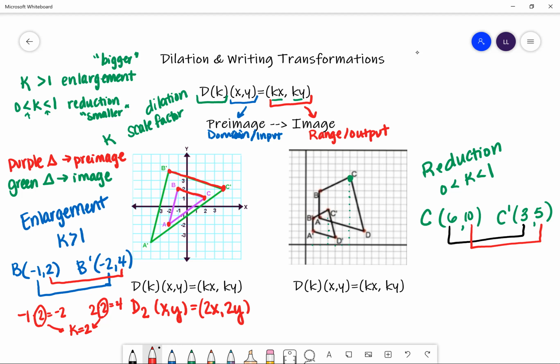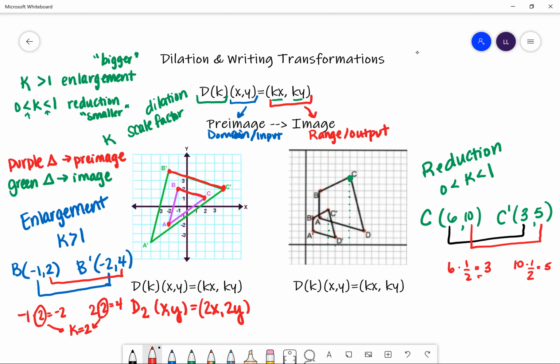To get from 6 to 3, I would have to divide by 2. Dividing by 2 is like a half. So half of 6 is 3. That means my K is a half. Let's do it again. Half of 10 is 5.